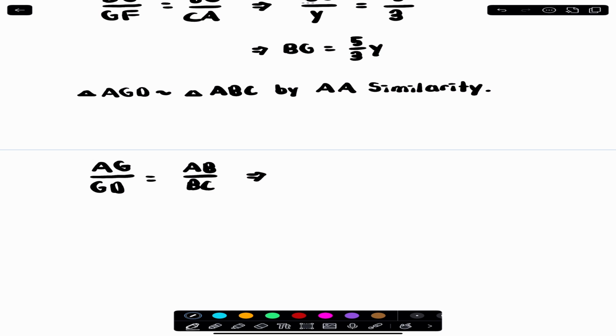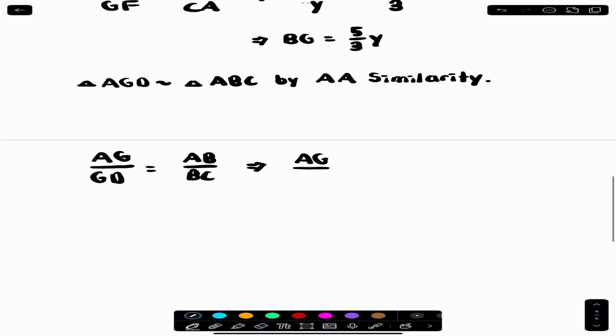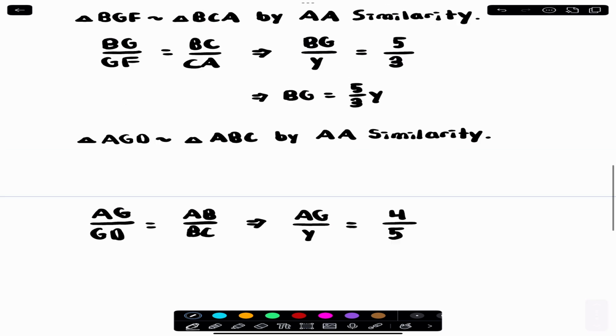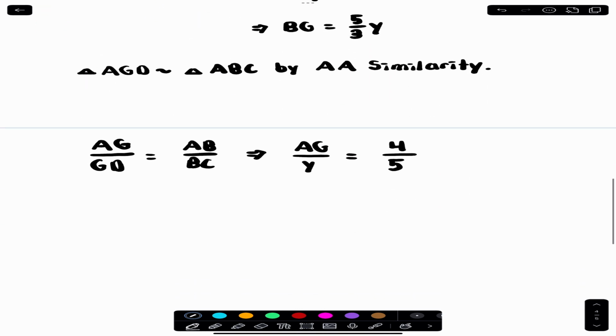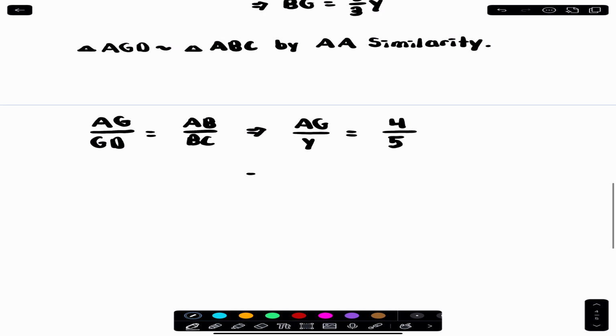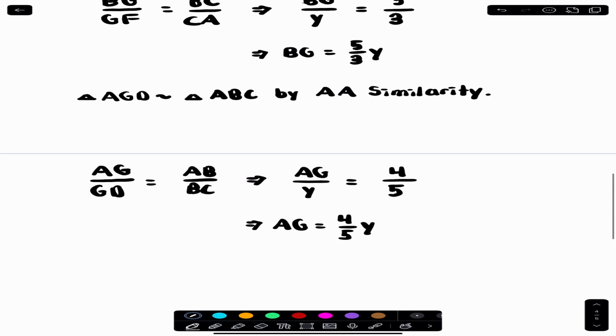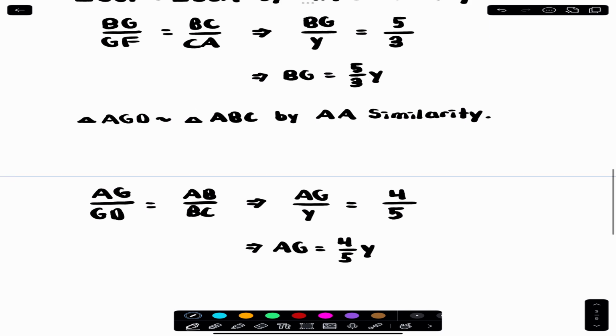When I fill in everything that we know, AG is unknown. GD is just the side of the square, so that's y as well. AB is 4 and BC is 5. Similarly, we can isolate for AG, which is what we wanted. We know that it is equal to 4 over 5 times y. This is good news for us.